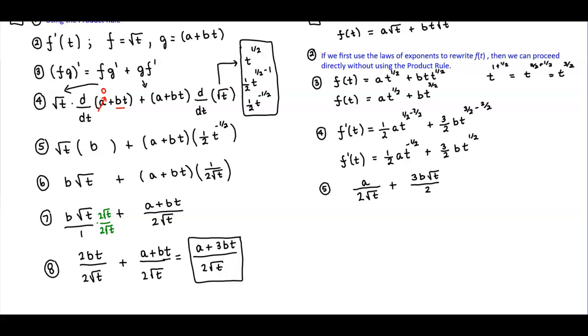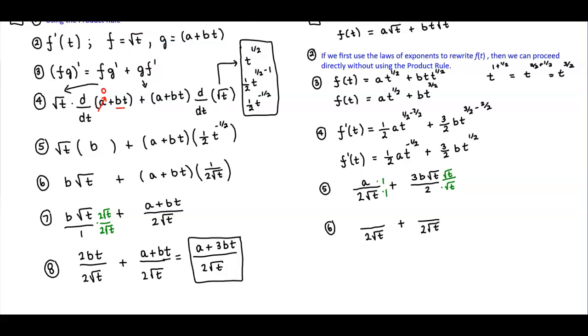So now if we want to combine like terms, we need to find a common denominator, which is going to be 2 times the square root of t. So for the first fraction, we just multiply by 1. And over here, we multiply by the square root of t over the square root of t.